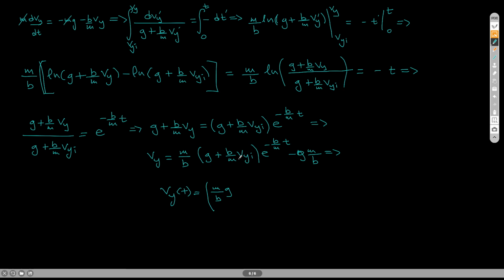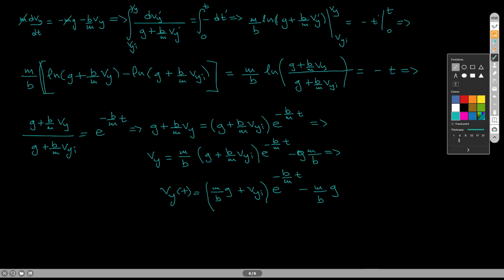The m over b with the b over m will cancel out, so I will have plus vy initial, and this is multiplied with the exponential, and then I have minus m over b times g, and this is the expression for vy.